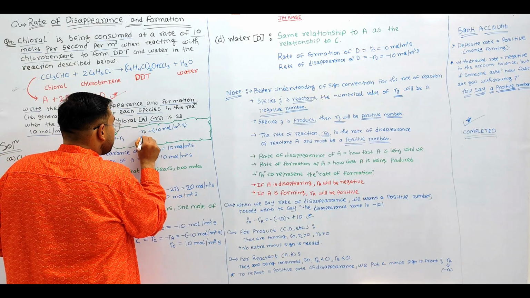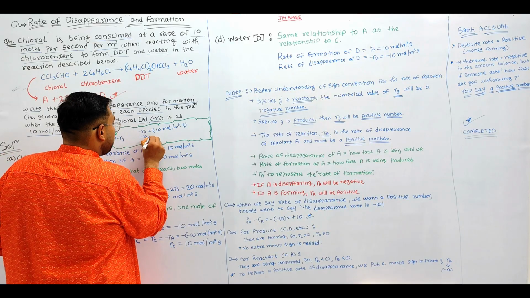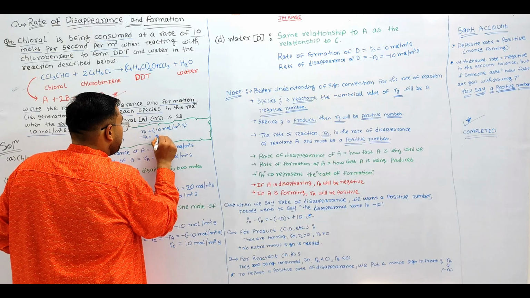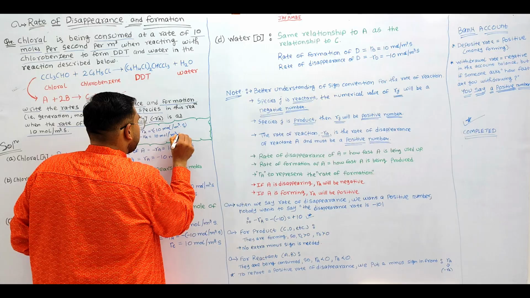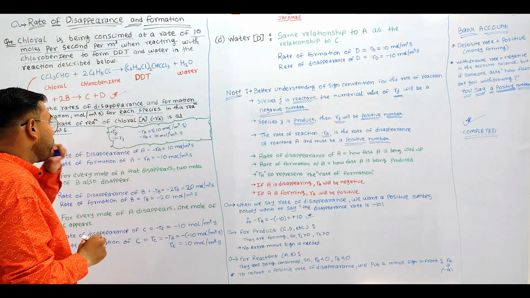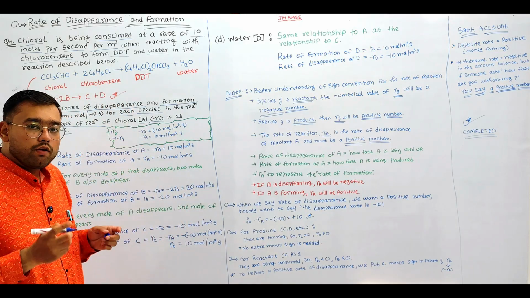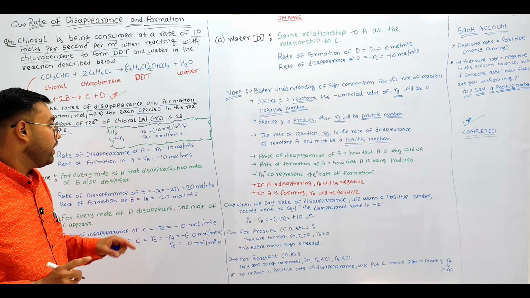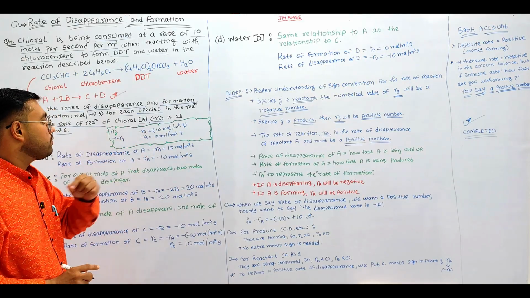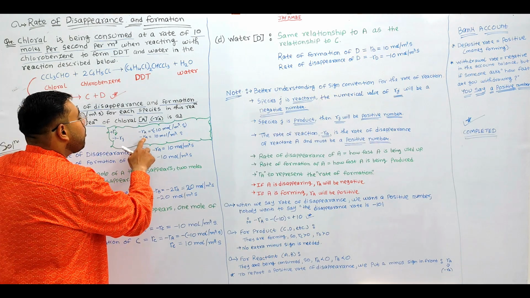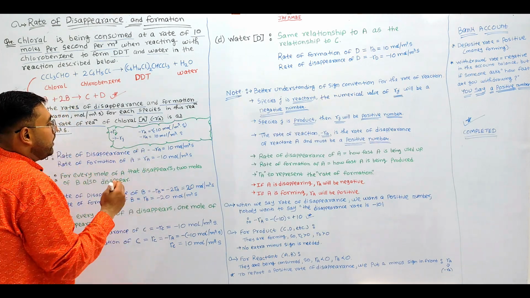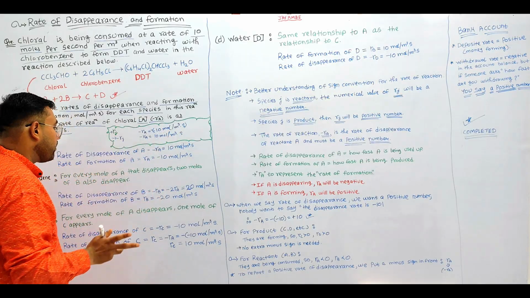So we'll have minus Ra is equal to 10 moles per meter cube per second, because minus minus will get cancelled off, which means minus minus is plus. So minus Ra represents the rate of disappearance of A, which is 10 moles per meter cube per second.